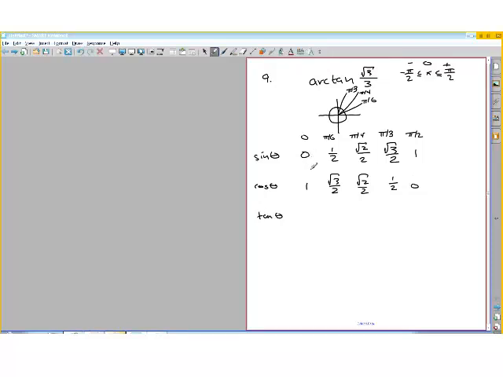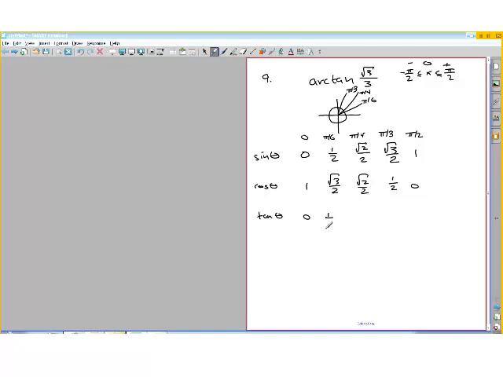And then the tangent of theta is the sine over the cosine. So you've got 0 over 1, which is 0. Here you'd have 1/2 divided by square root of 3 over 2.